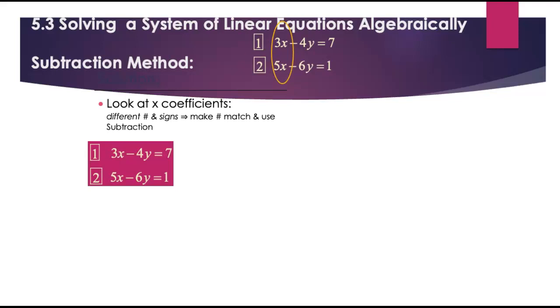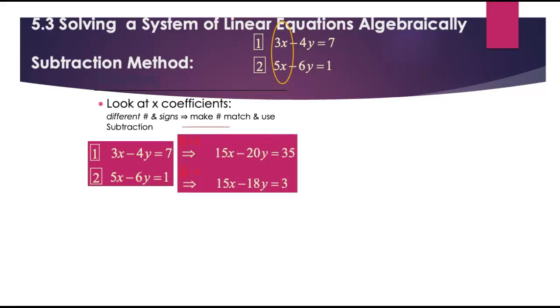In this case, I'd like to get rid of the x's. So that means I need the x coefficients to be the same. Well, in the first equation, I'd have to multiply by 5, and in the second equation, I'd have to multiply by 3. And that way, my x coefficients are going to be 15.